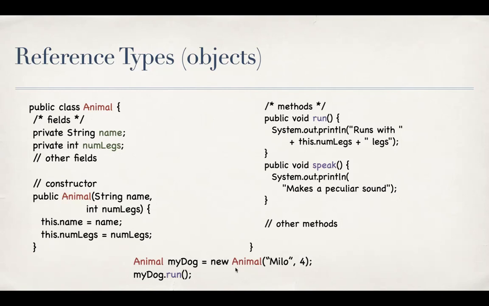That line creates an object by invoking the constructor over here and puts the values of the name Milo and numLegs 4 on the fields of that object and returns it, which then we assign to the reference myDog. And then you can call methods on myDog like myDog.run. It should invoke the method here and print that it runs with 4 legs. Okay. So that's a very brief example of reference types in Java.